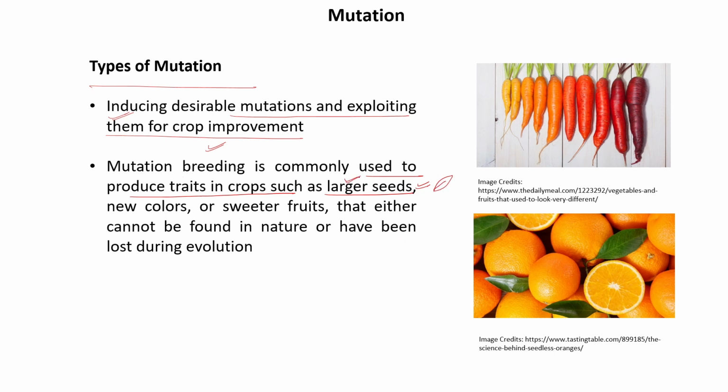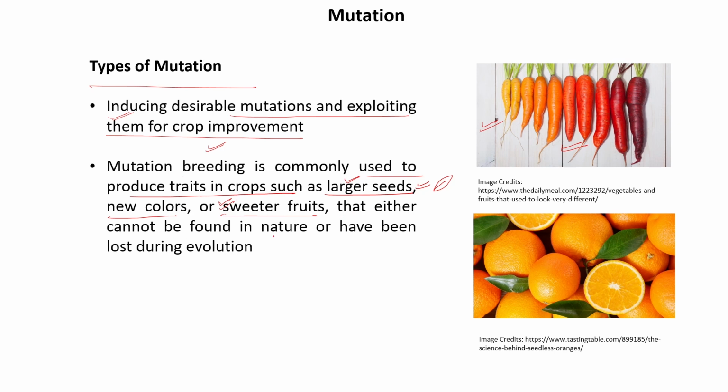So they are used for larger seeds, new colors. We can see here this radish in so many colors, okay, or sweeter fruits. We want our fruits to be sweeter, right? Then also the mutation breeding is used.